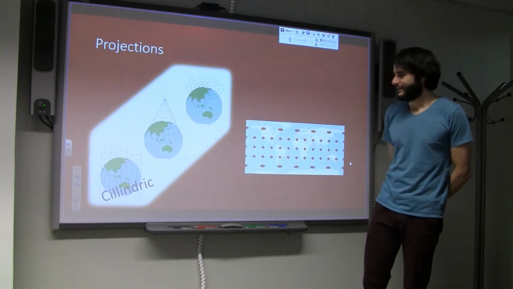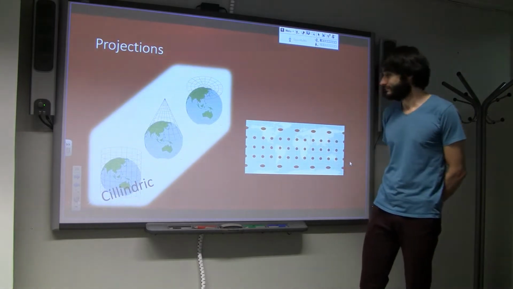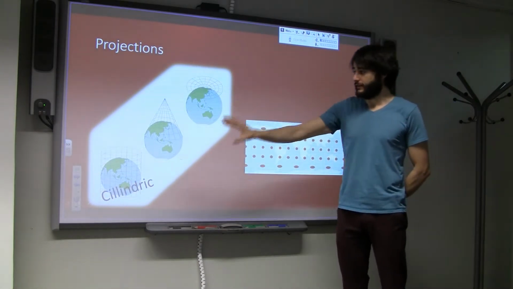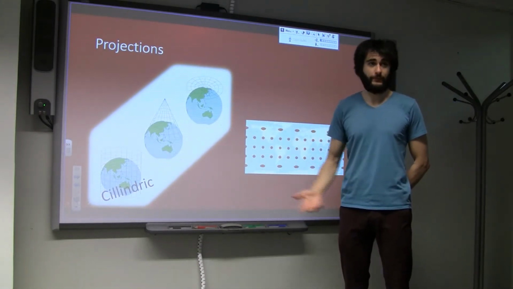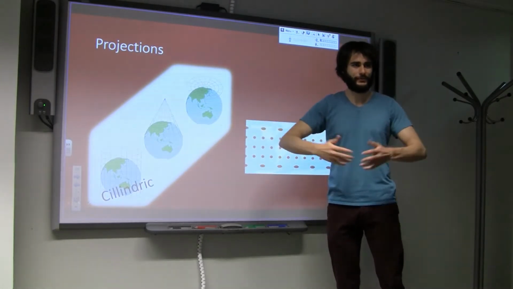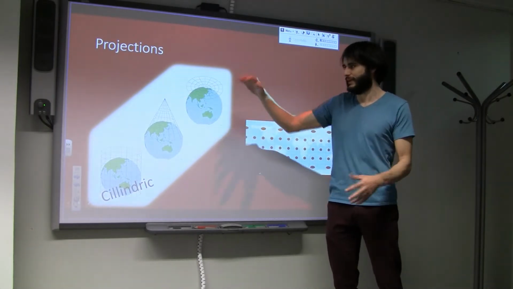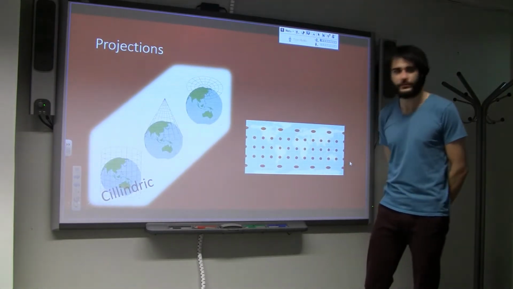Okay. The third one is cylindrical. And by the way, in each of these groups there can be multiple projections. Like you could have the cone wider or smaller, the cylinder bigger or smaller, this circle maybe bending a little bit. But those are the groups.